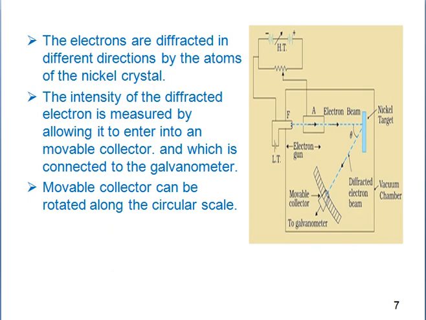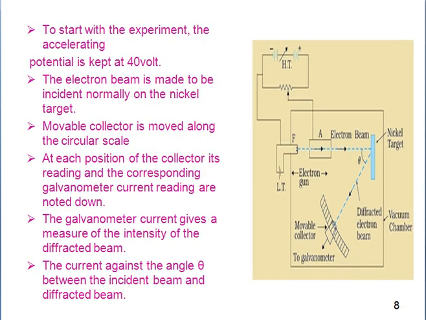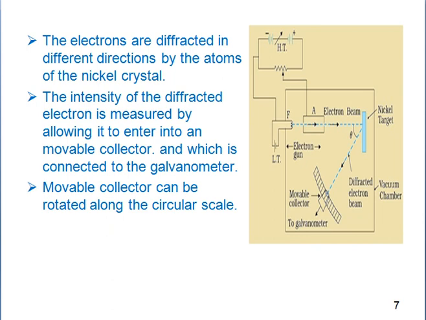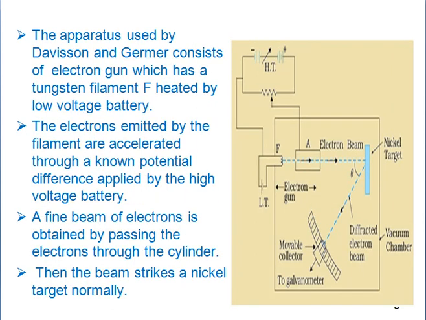So this is the working of the experiment. Just listen here, this is the filament, and this filament will be heated by the low tension battery. When we apply the low voltage, the filament will emit the electrons.